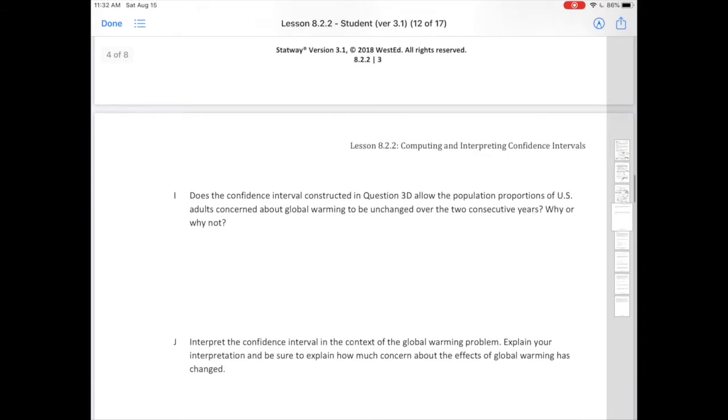Does the confidence interval constructed in question 3D allow the population proportions of U.S. adults concerned about global warming to be unchanged over the 2 consecutive years? So if something is unchanged, then that means we're talking about these 2 guys being equal. And 2 things can only be equal if their difference is 0.